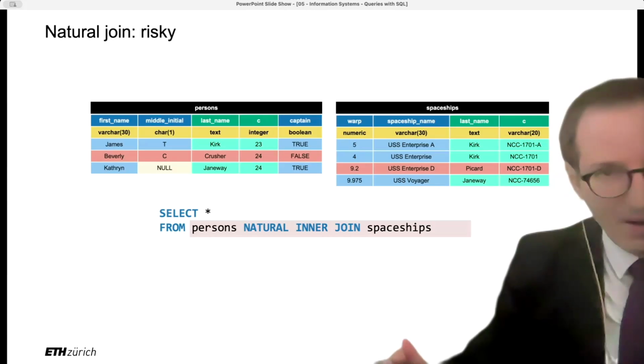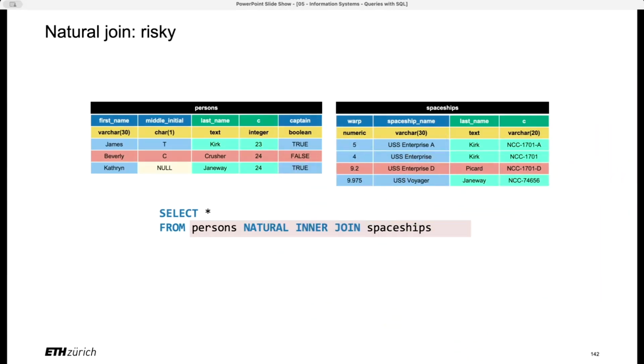Do you see that these two columns have the same name? And so a natural join is also going to make them match. But that's probably not your intention. You probably did not intend to match the Sentry with the code, right? So that's a bit dangerous. If you use a natural join, you should really do it only if you see the schema and you're sure that the columns that match are your intention, right?